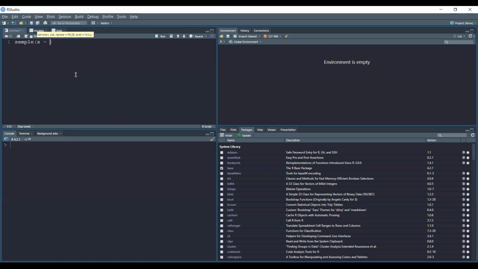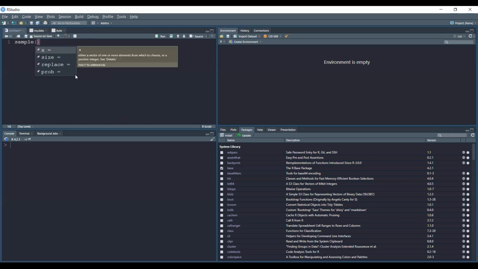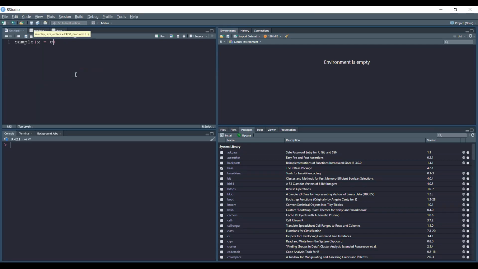I think we need to say, for example, 10,000 rolls of the dice. So what does size mean? Let's just say x is the set from which to choose. So we'll say from 1 to 6. Let's do it 10,000 times.